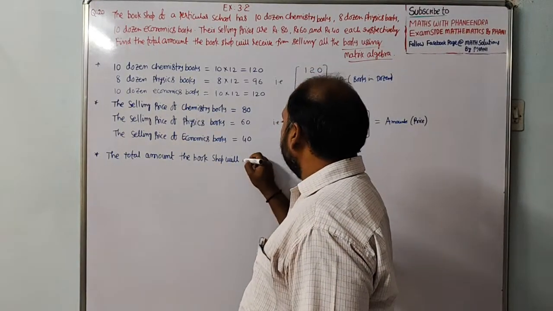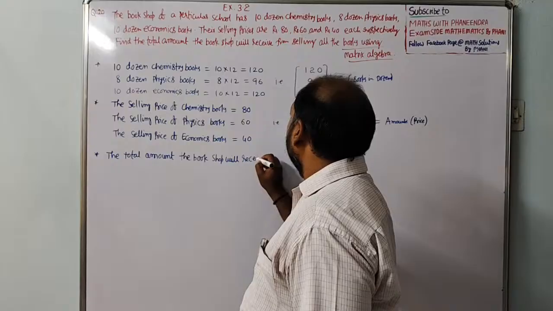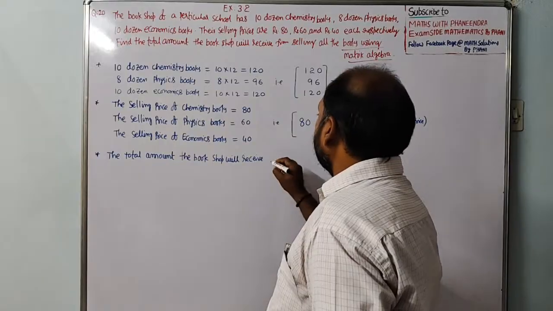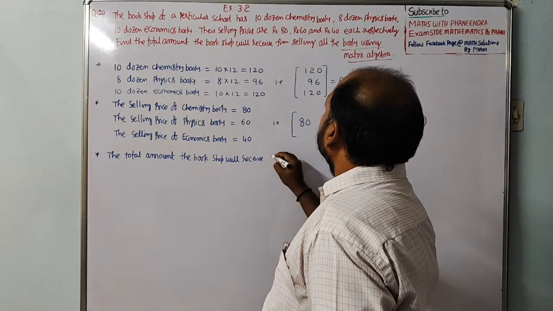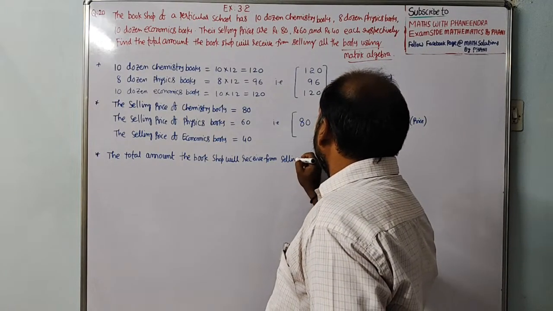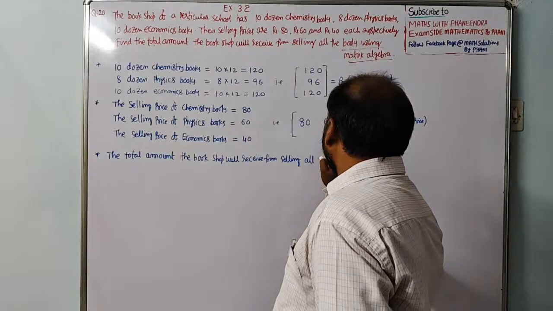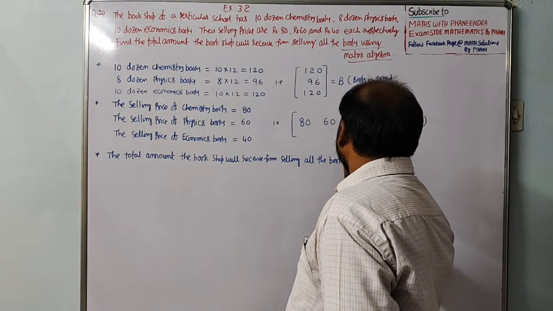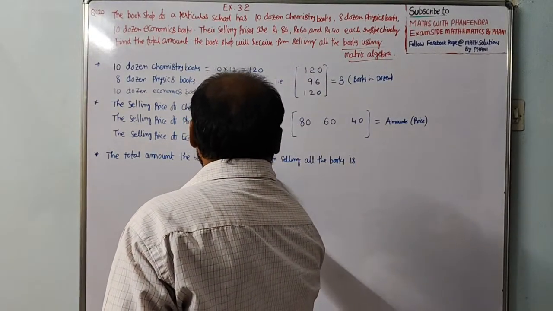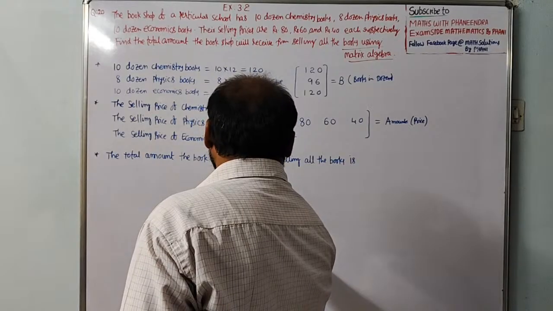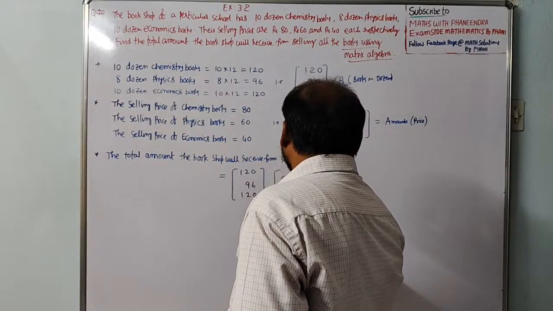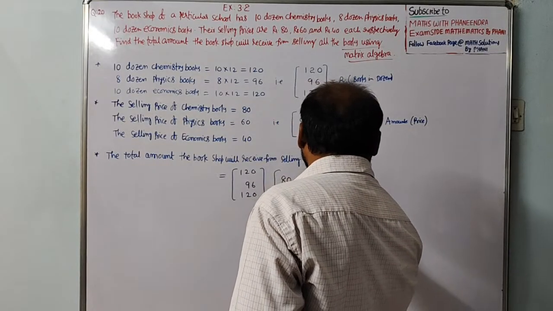The total amount is 120, 96, 120 into 80, 60, 40.